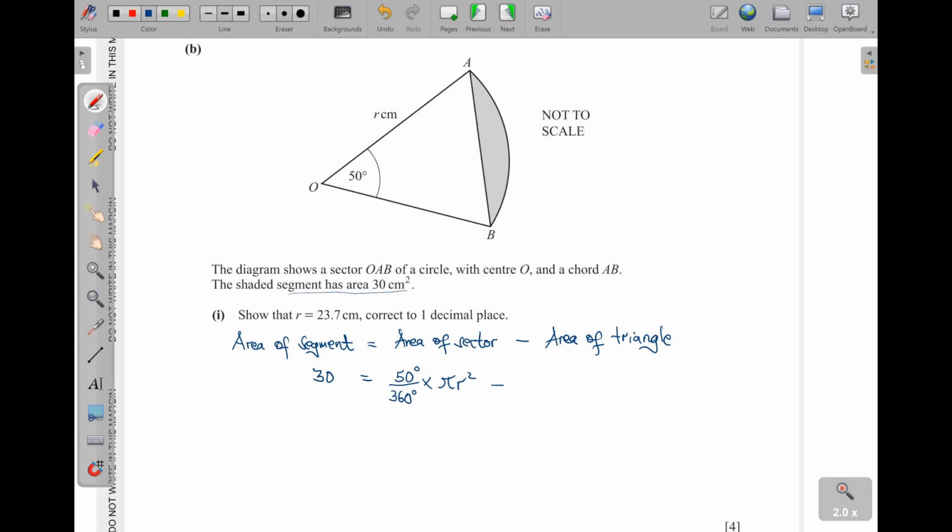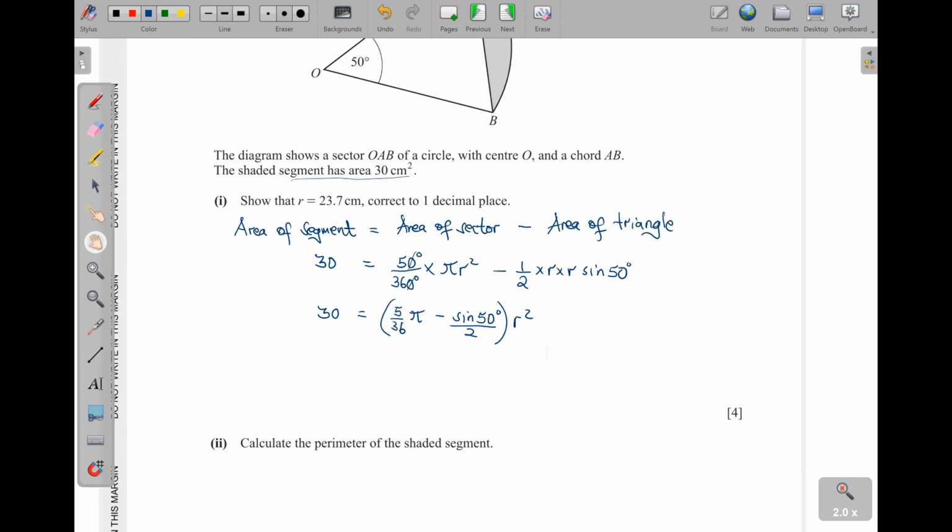Then minus the area of the triangle, which is going to be a half times r squared, then sine of that angle, 50 degrees. So we can have 30 here, then this one can be 5 over 36 pi, then we can also have sine of 50 here over 2, then r squared.